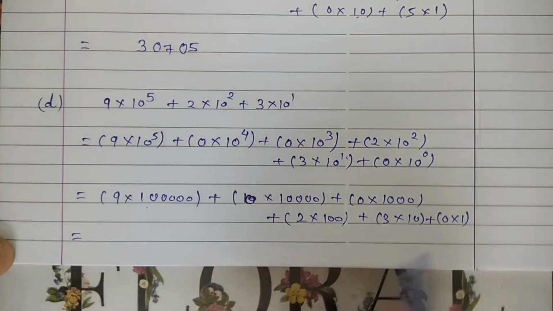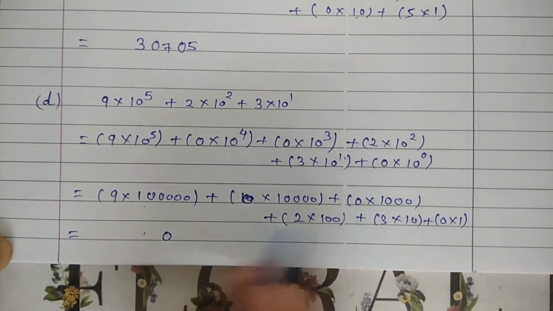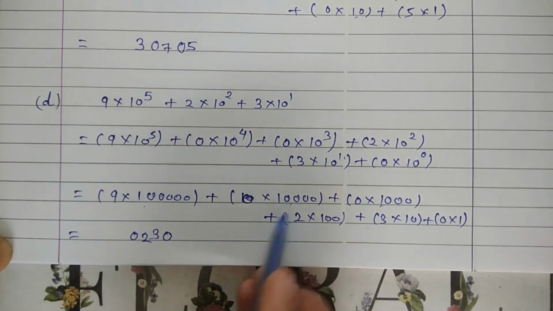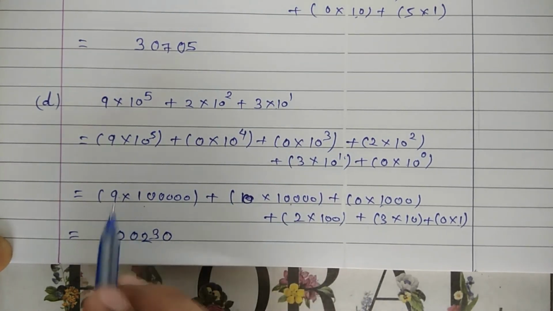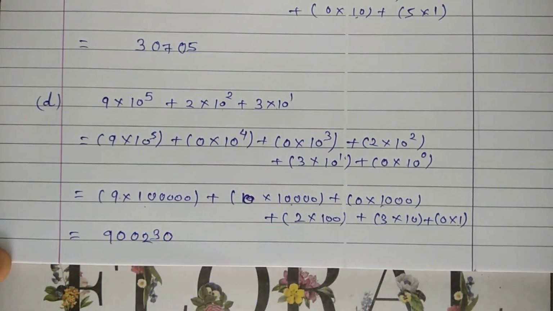So answer is from 1's place we will start, it is 0, 10's place 3, 100 place 2, 1000 place 0, 10,000 place 0 and at 1 lakh place it is 9. So answer is 9 lakh 230.